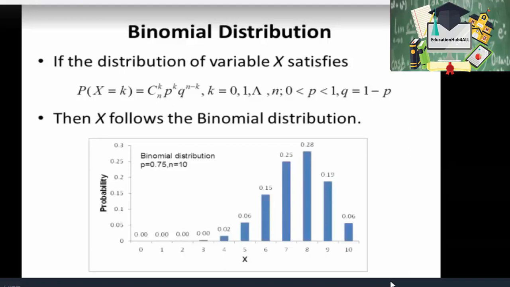There are only 3 words. Don't forget. Sampling, estimation, and test, or the inference. So that's everything about statistics. There's no more than that. If you know the 3 words, you know everything about statistics.